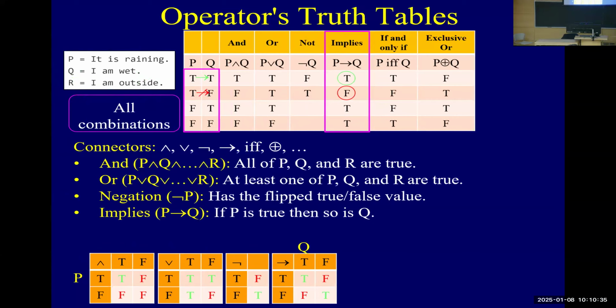Now, we're all tempted to say that what implies means is that if P is true, then Q is true. And we're going to talk about that more. But when push comes to shove, it's useful to forget that intuition a little bit and remember that it's just an operation like and or, right?